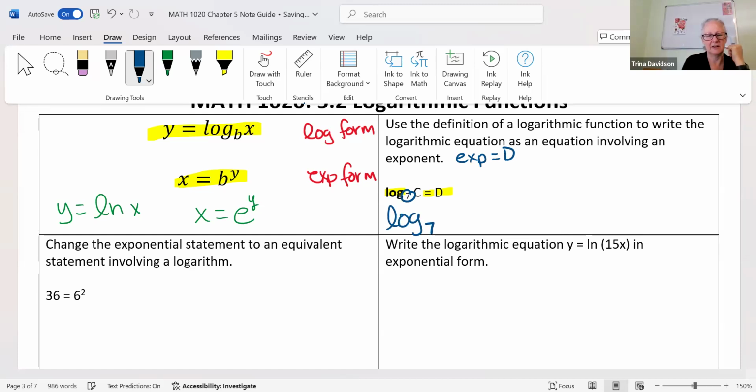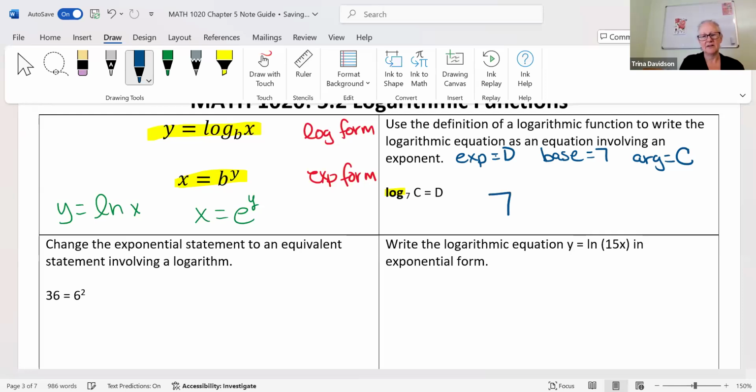It's down here, not up here right next to the log. So that's the base, at the bottom. The base is 7. And the thing that's left over is called the argument. We use D, we use 7, so we just have the C left over. That's the argument.